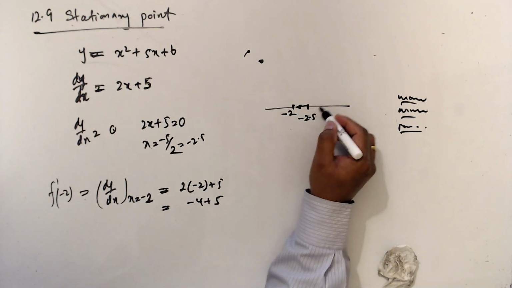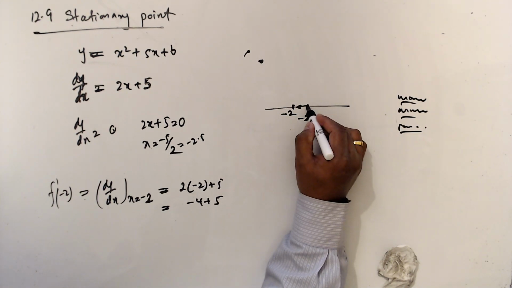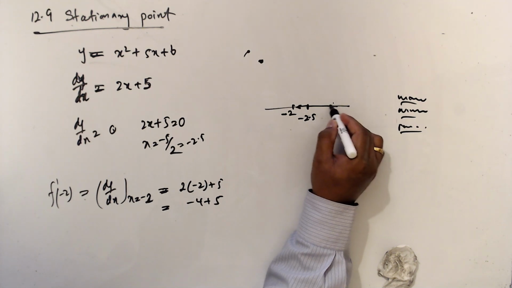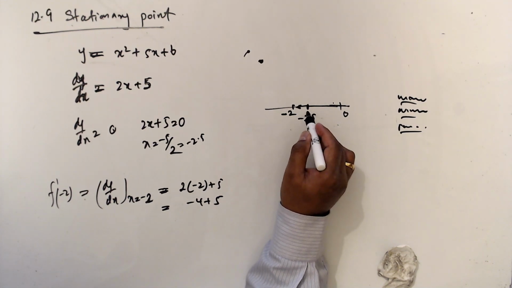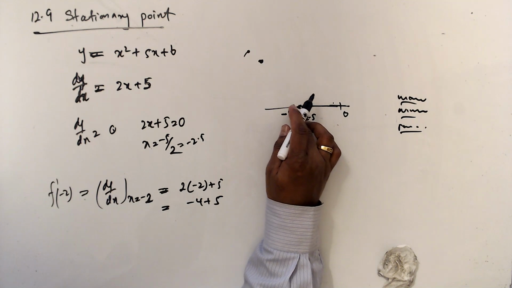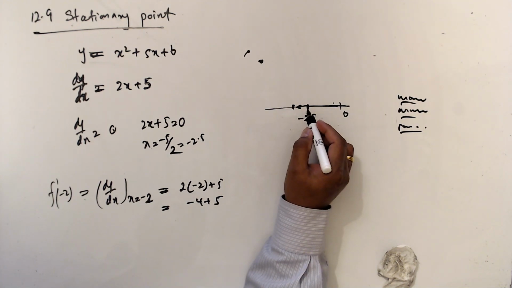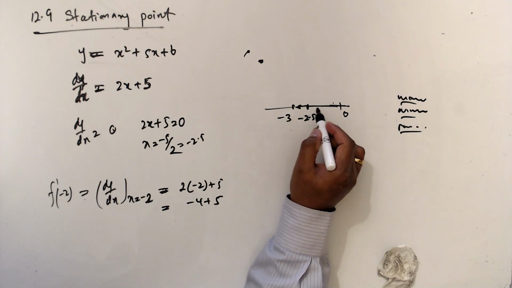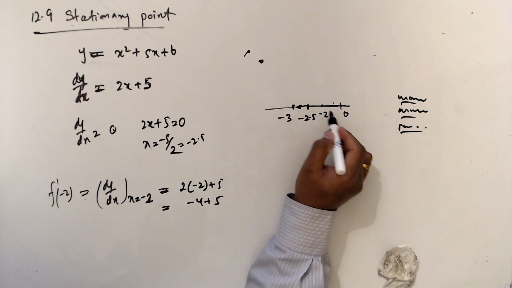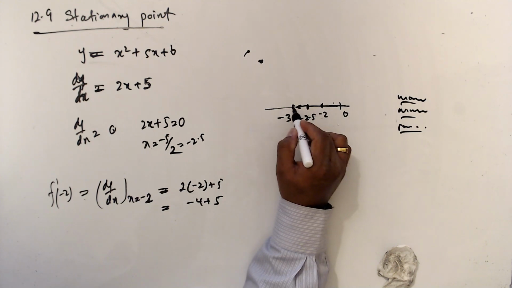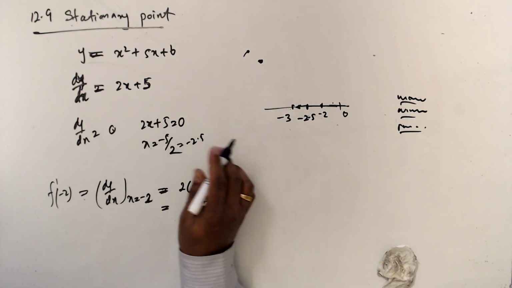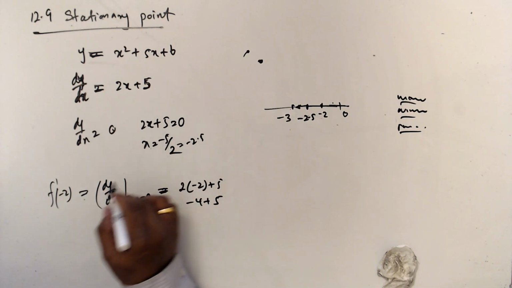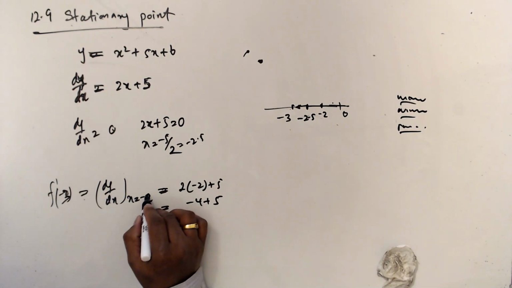I think I made a small mistake. So this is 0. If you go left to minus, then it can't be minus 2. This has to be minus 3. Minus 2 is here, minus 3 is here. Okay, so instead of minus 2, we'll take minus 3.